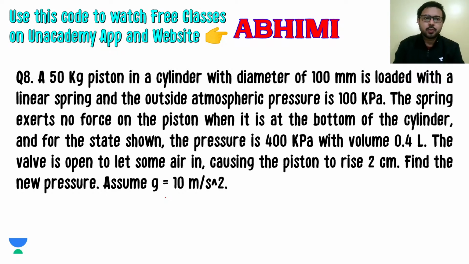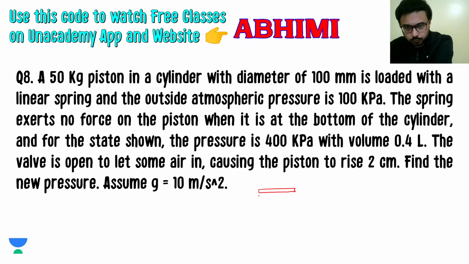So to do this question, you will need a figure so that you can understand what is there in the question. So I will draw this figure very quickly. So you have this piston cylinder arrangement. This is your piston, and here a spring is attached.